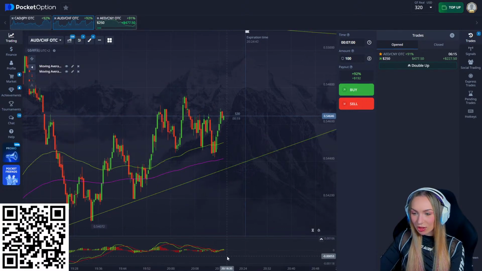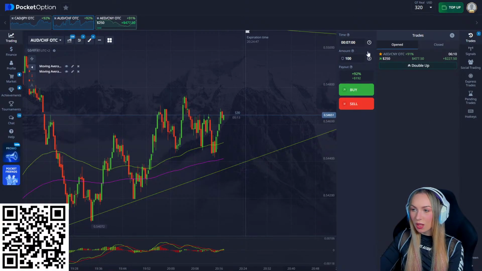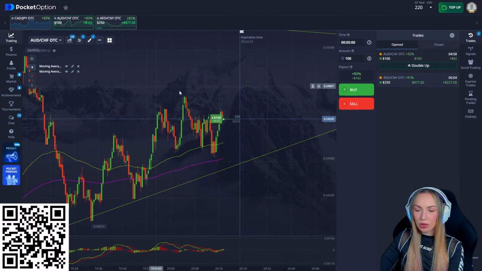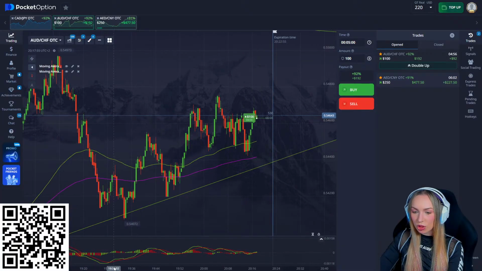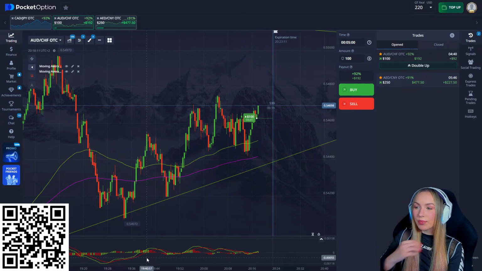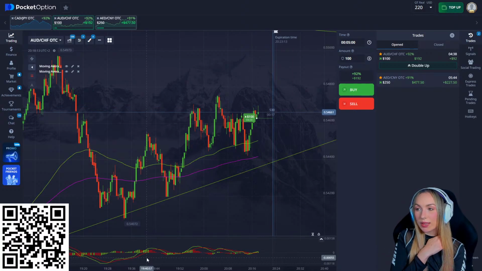And here, by the way, a signal just formed to open the trade in the upward direction. Here I would love to open, let's try for 5 minutes, in the upward direction on AUDCHF. To tell the truth, I don't know how much time we need. For example, here was the signal to open the trade at 7:29, and at 7:40 the price finally went up.